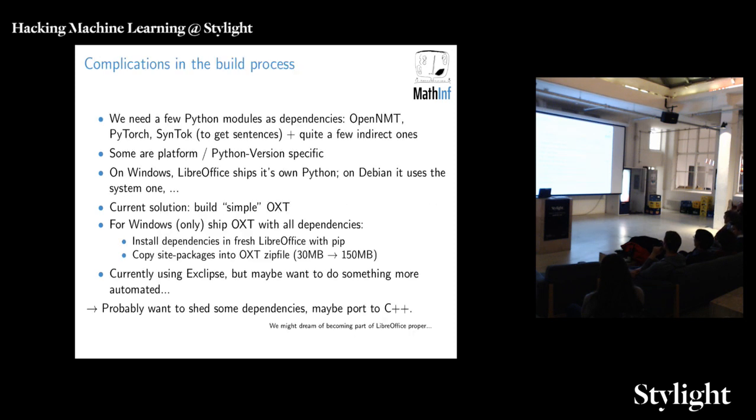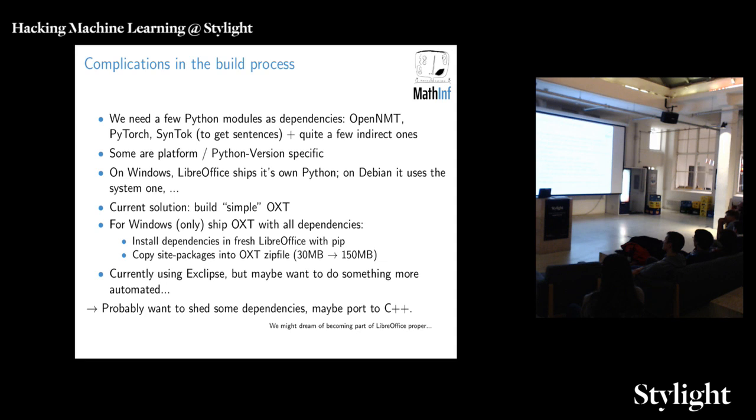So that's good. The other headache is the build process. I have a few dependencies, notably OpenNMT and PyTorch, and then there's a few smaller ones. LibreOffice is a huge thing. For example, on Linux distributions, it typically uses the system Python as its Python. And on Windows, you will typically install the package provided by the Document Foundation who develops LibreOffice, and that will come with its own Python.